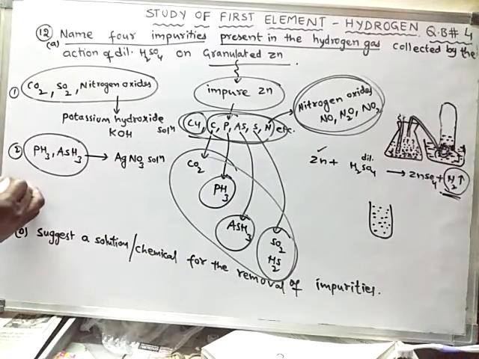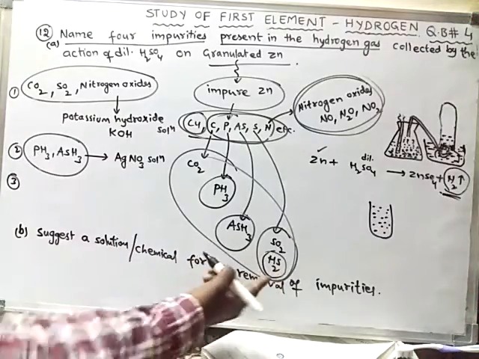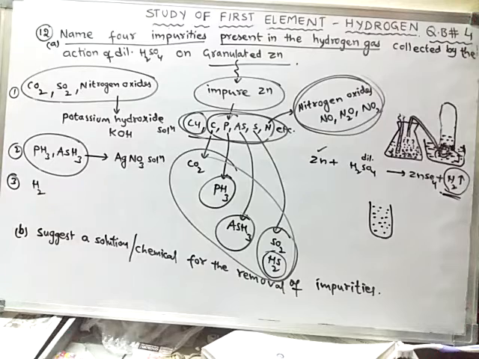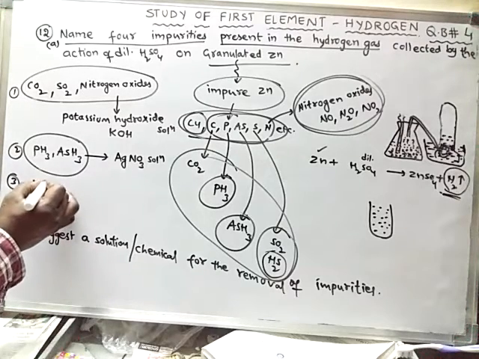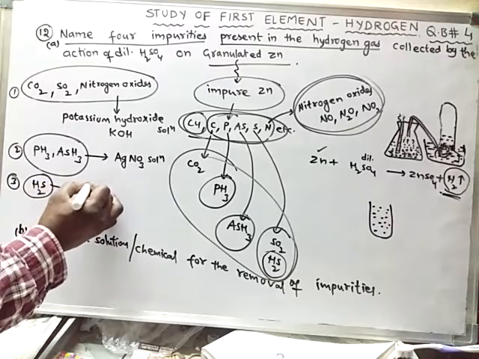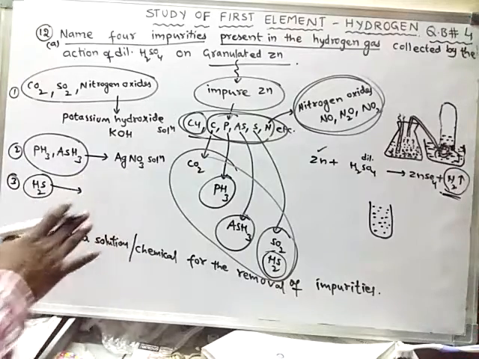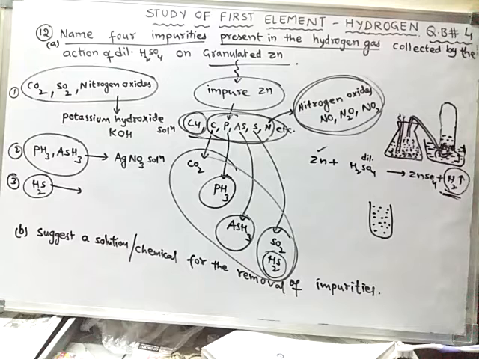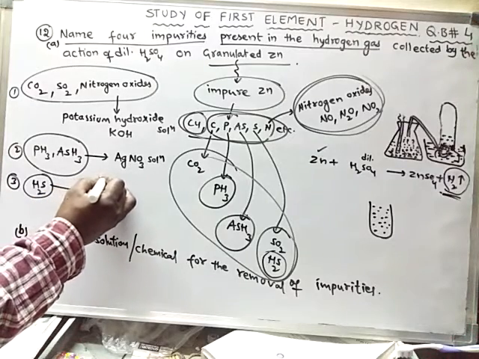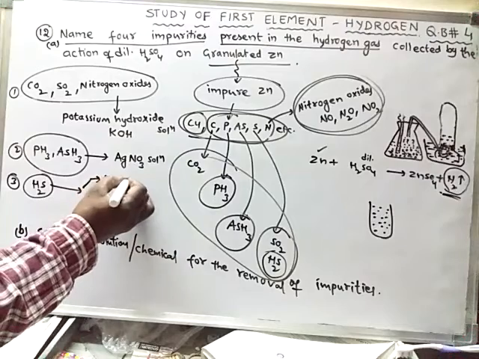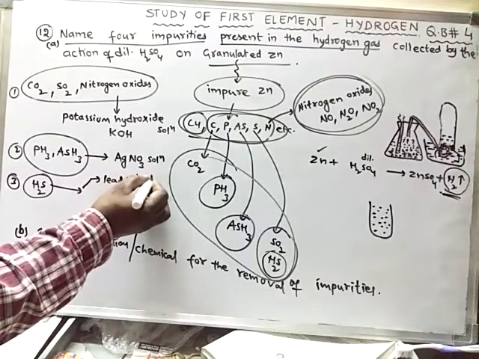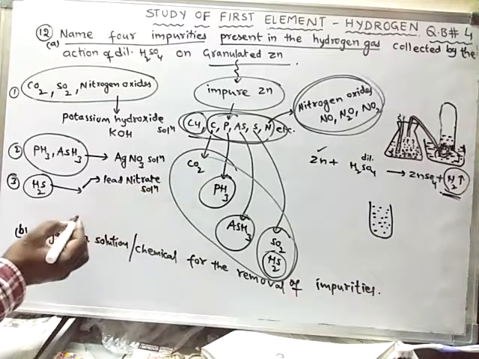Okay. Next, H2S. In order to remove H2S impurity from hydrogen gas, we have to send the hydrogen gas into lead acetate solution, or even lead nitrate solution.